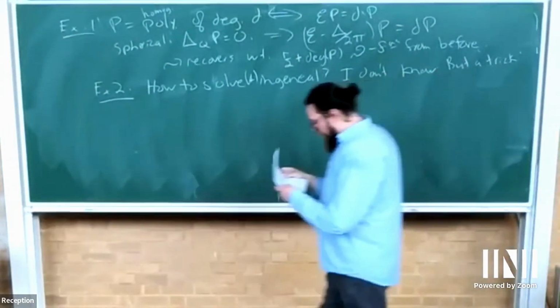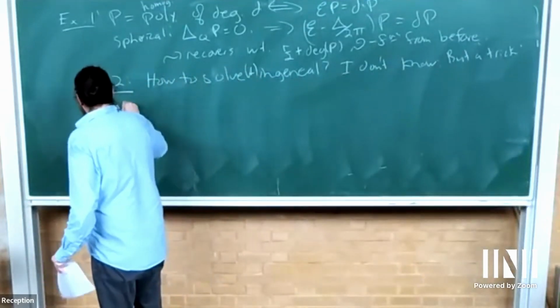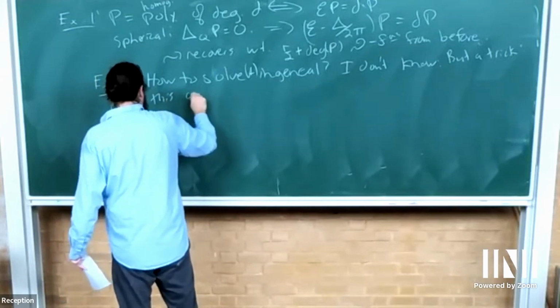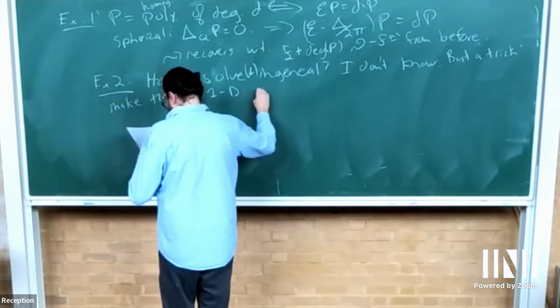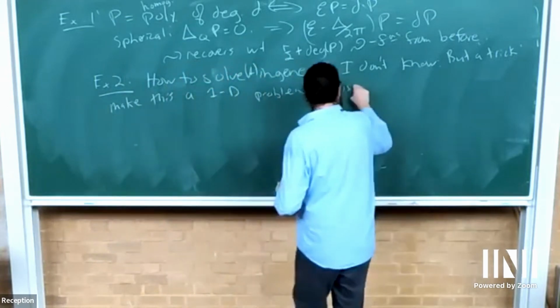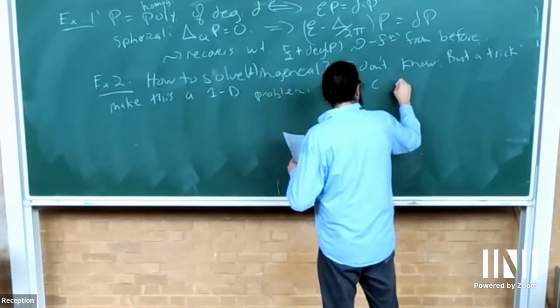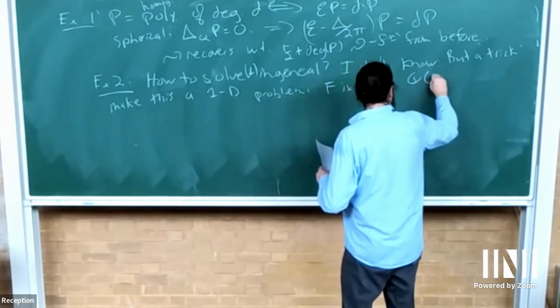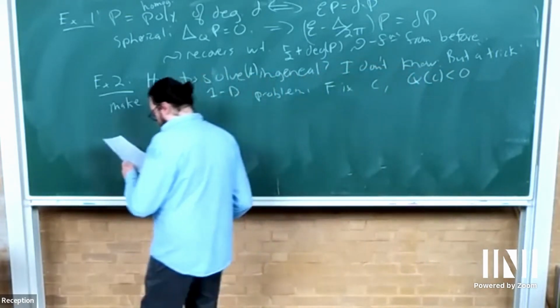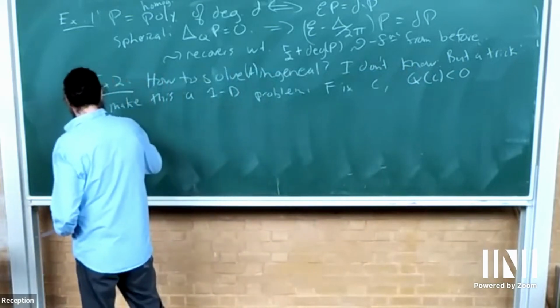Okay, so here's the idea. It's quite a natural thing anyway. Make this a 1D problem. Okay, so let's fix some vector C with Q of C negative. So let's pick a one variable function.